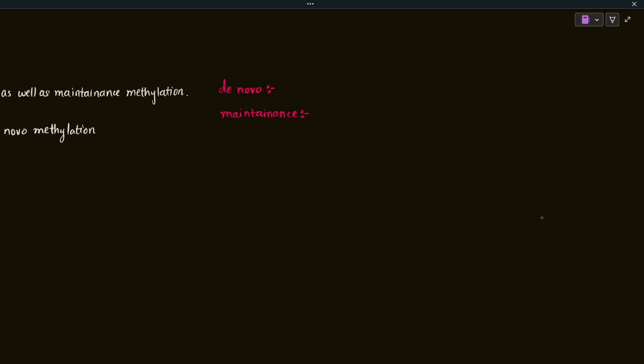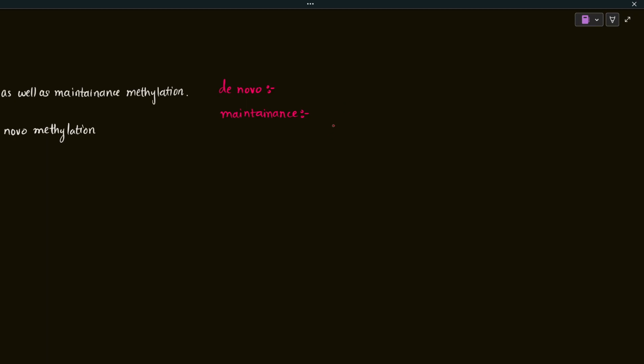This passing down of the epigenetic marks means copying of the epigenetic marks from one generation to the other, which conserves the pattern of the epigenetic marks. Whatever was there, you are just copying it from the parent cell to the daughter cell, so you are conserving those epigenetic marks. This is what is called maintenance methylation. You are maintaining the methylation marks which were already present in the parent cell.